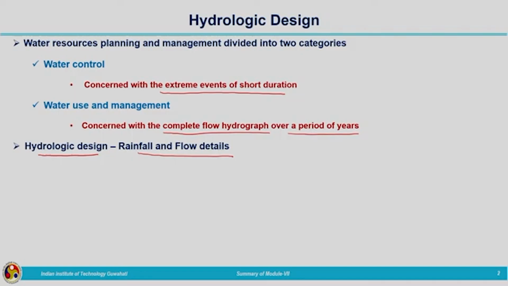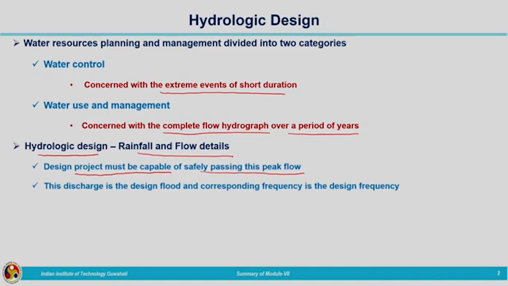So, it should be able to withstand the extreme event or the event which may occur during the lifespan of the structure. The design project must be capable of safely passing the peak flow. That may be an extreme flow or a flow related to that particular return period. Whatever we are considering, the structure should be capable of safely passing that flow.